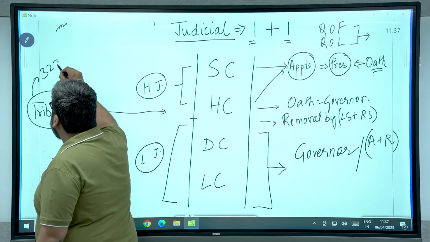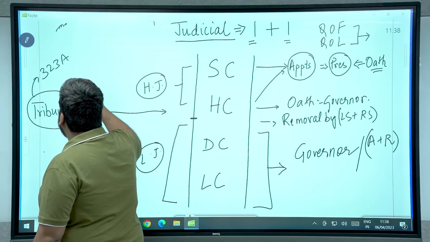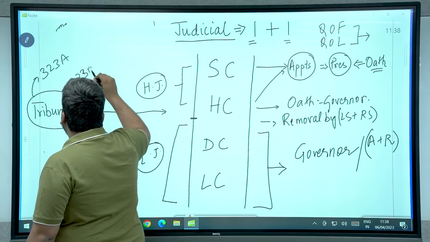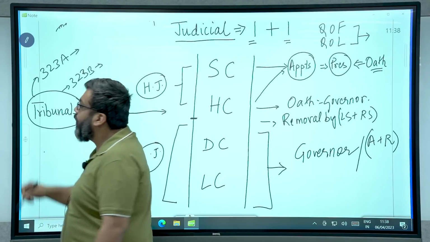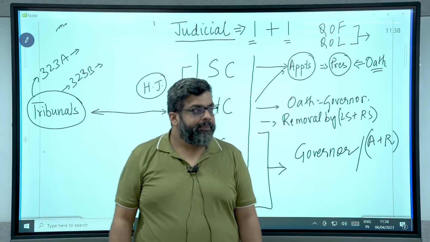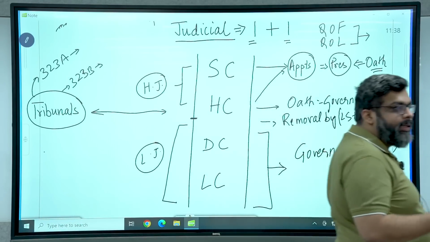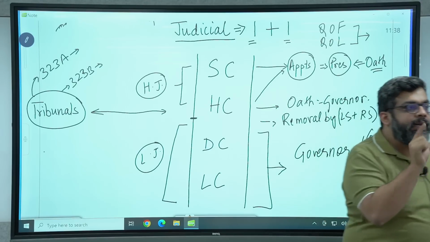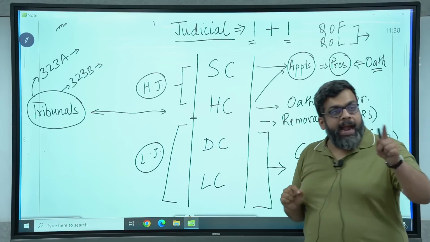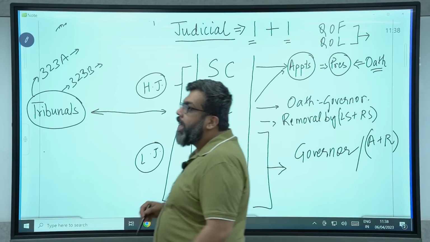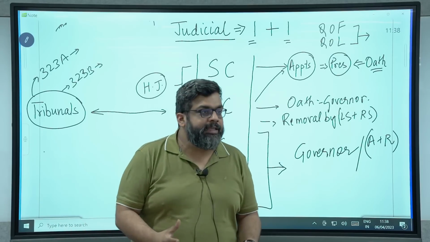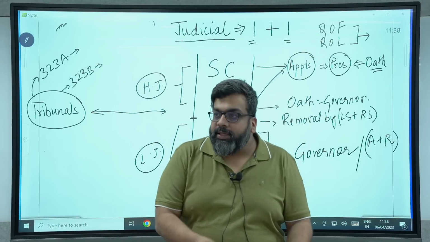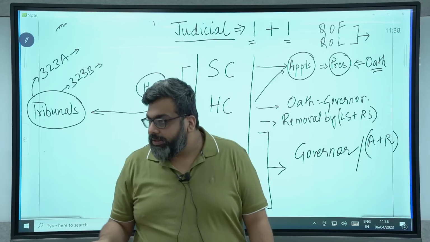Article 323A and 323B are differentiated on purpose. Article 323 deals with a kind of tribunal. 323A, the A stands for Administrative Tribunals. Administrative tribunals are for administrative disputes: the civil services, executive agencies.